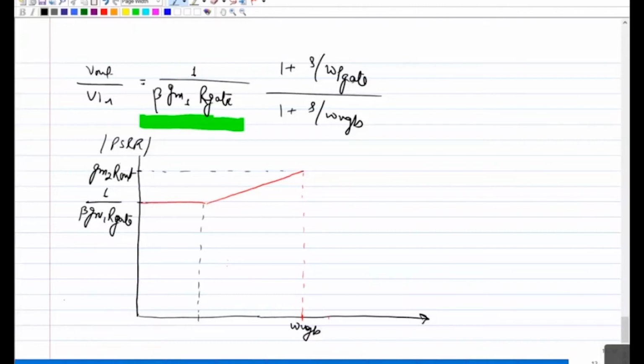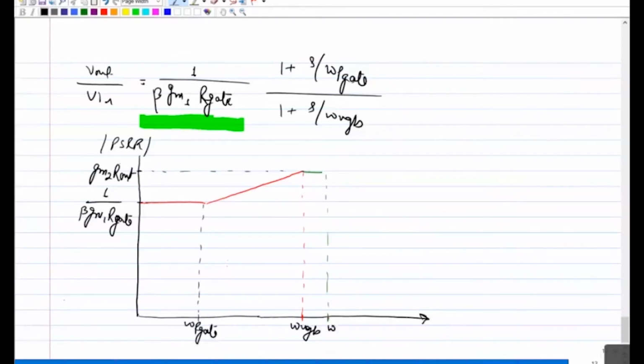Okay, so what will happen after this? What will happen after omega UGB? Flat. So it has a pole, flat. Okay, and then let's say this was your omega P gate.